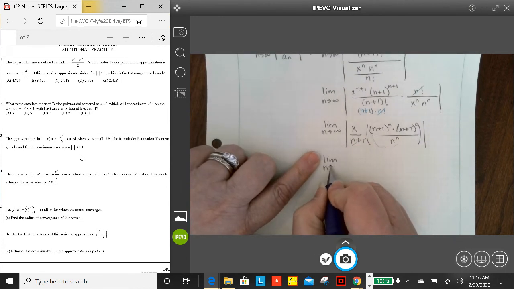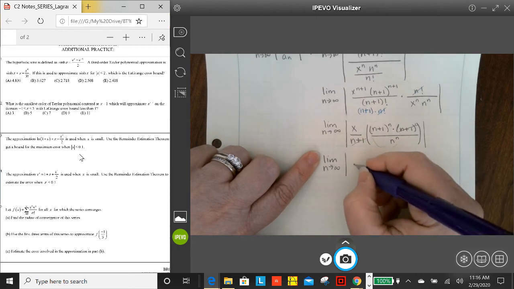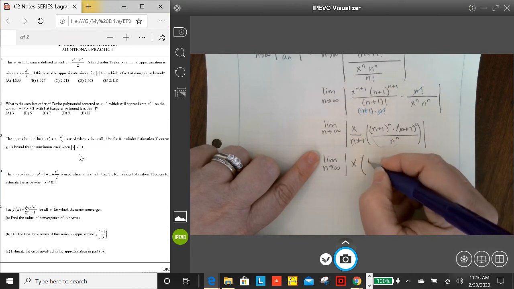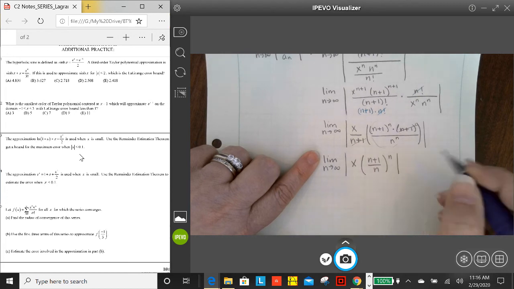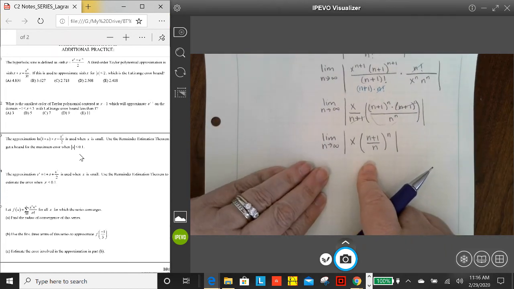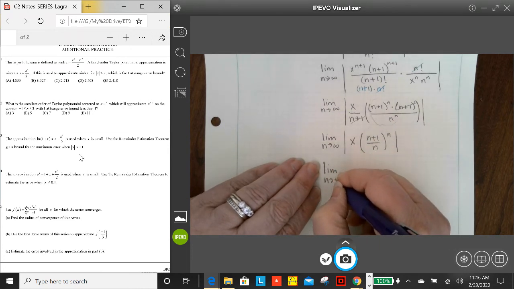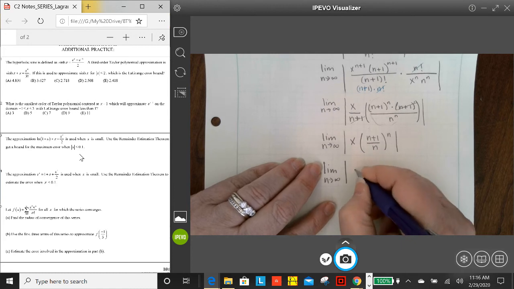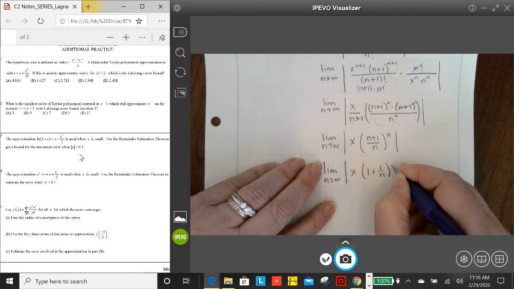So the limit then, as n goes to infinity, of the absolute value of x times n plus 1 over n raised to the n. And this is a special limit, and I'm going to rewrite it so you can see what I mean. This is the limit as n goes to infinity of the absolute value of x times 1 plus 1 over n to the n.